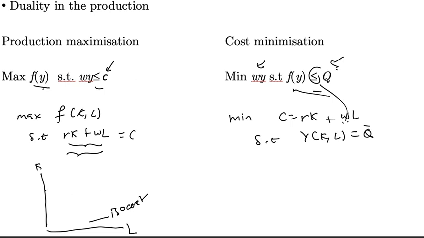So here, if you look carefully, finding the optimal level of factor production cannot only be seen as a question of choosing the highest production isoquant tangent.